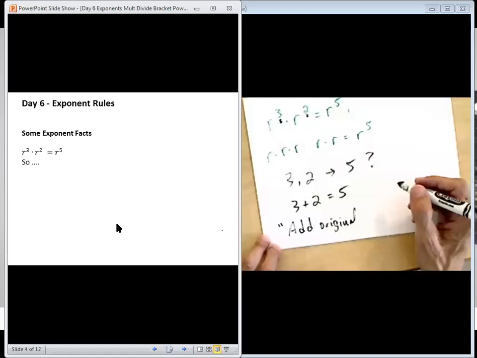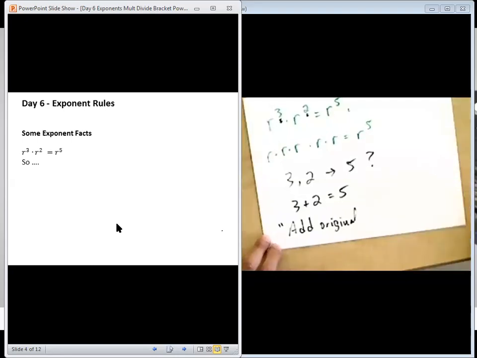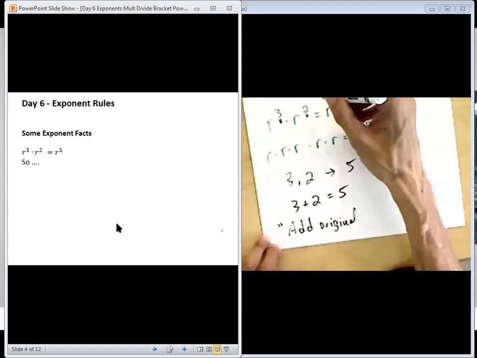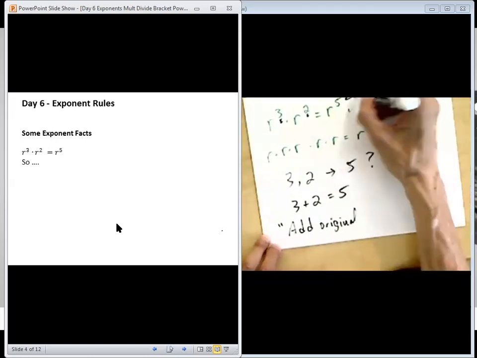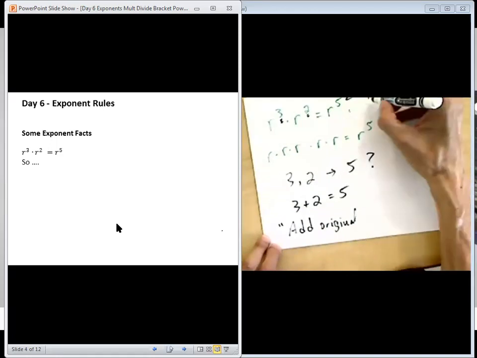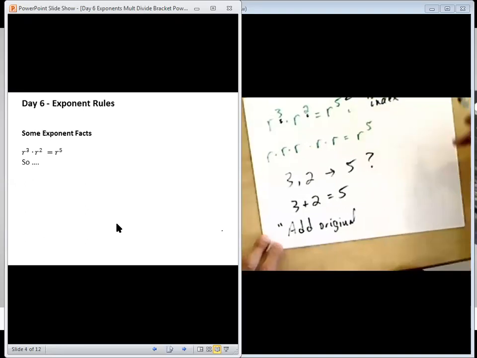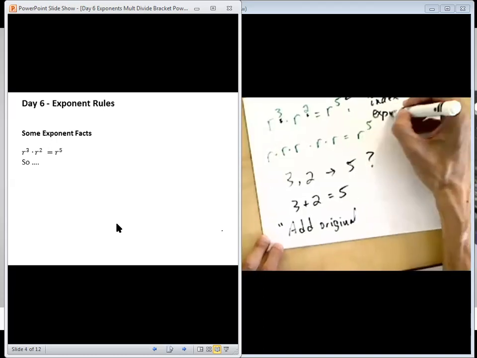The power. So this 3 and this 2, this 5, you can call it the power. In other parts of the world, or at least in formal math, index. So I don't use it much here, but I know it's around. Exponent. That's what I use.